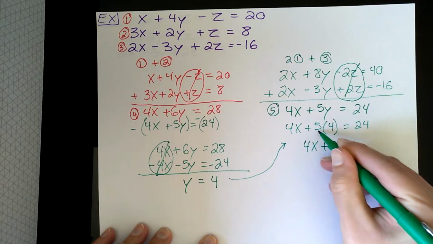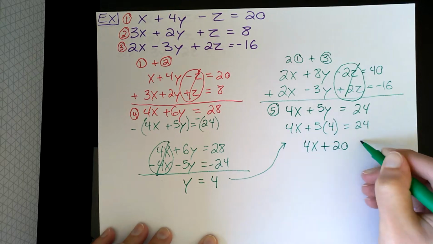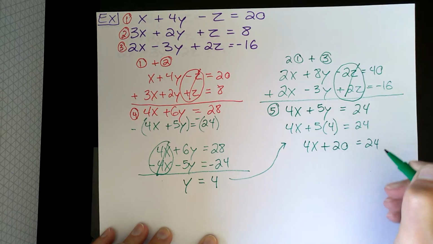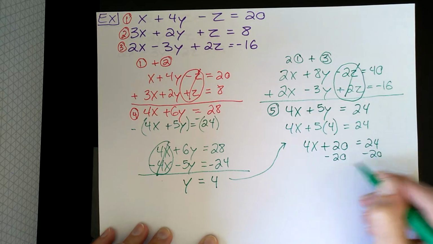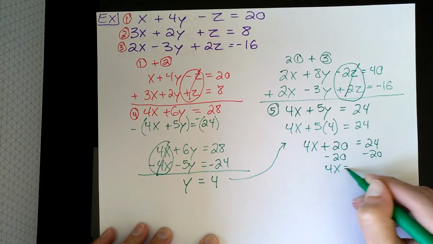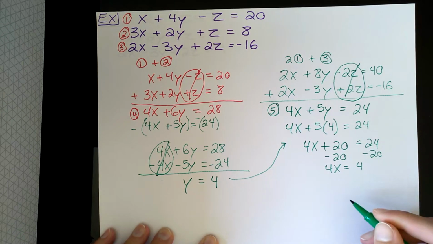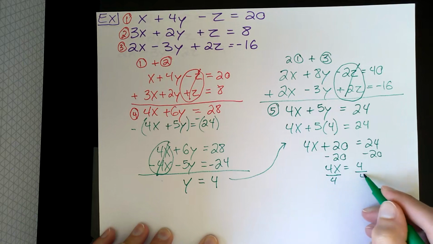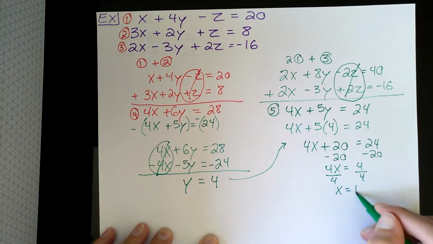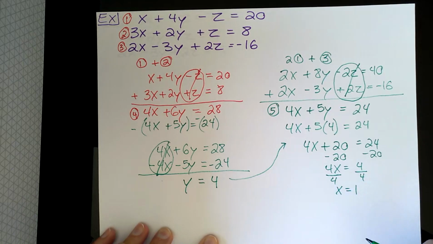So 4x plus 20 equals 24. We'll subtract 20 from each side to give us 4x equals 4. And finally, divide each side by 4 to get x equals 1.